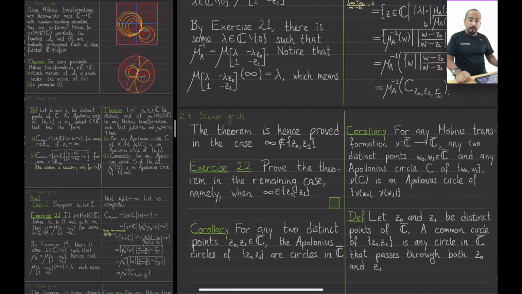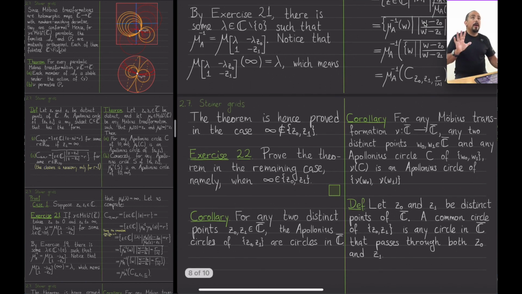And this can be done very easily, so I leave it as an exercise. So under any Möbius transformation, if you fix 2 points, the Apollonius circles of these 2 points are mapped to the Apollonius circles of the images of the two chosen points. Okay, so Apollonius circles are really well behaved under Möbius transformations. That's what this says.